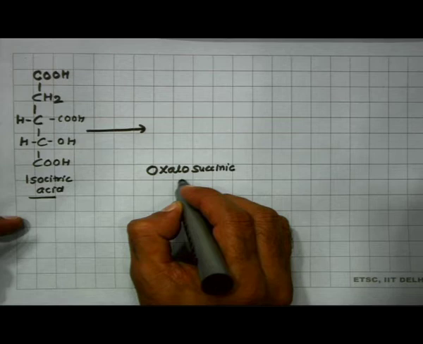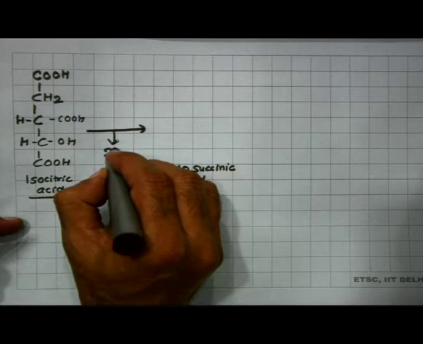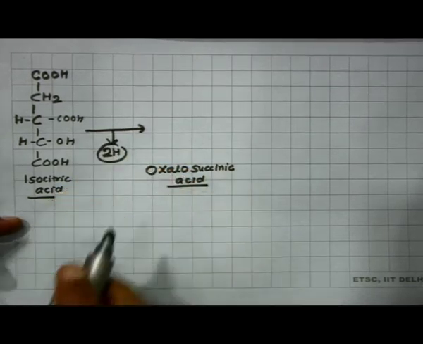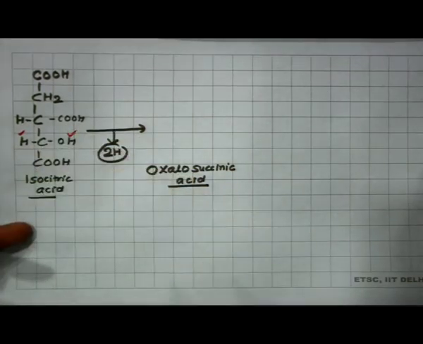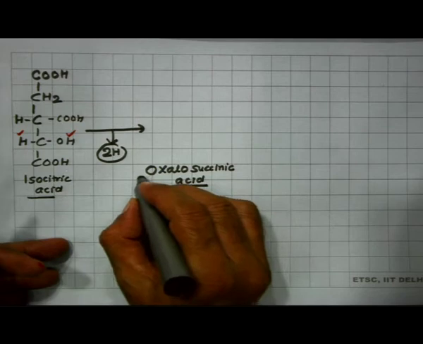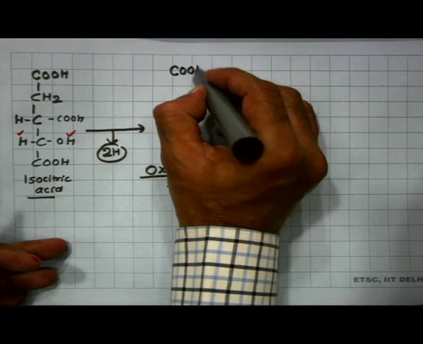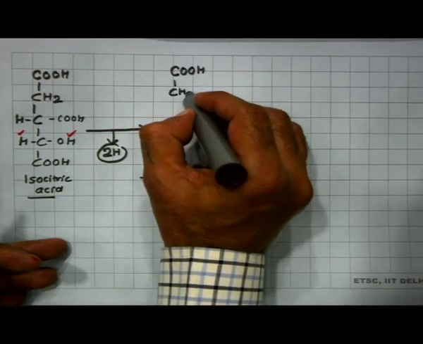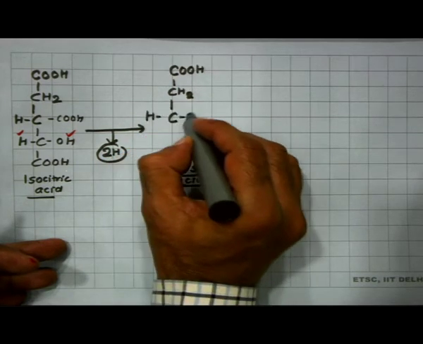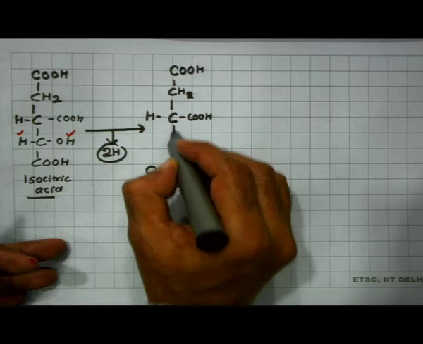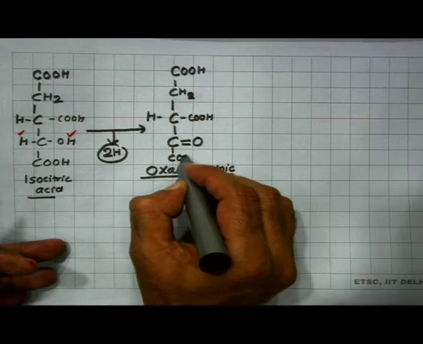As we have discussed, here is the removal of 2 hydrogens. These 2 hydrogens are removed from this carbon. So, you can easily write the formula of oxalosuccinic acid, that is COOH, CH2, CH, COOH, C with a double bond to oxygen, COOH.